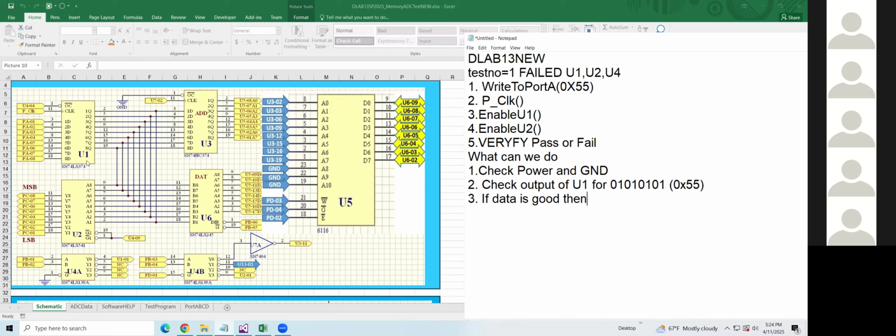then what to do? Go to U2 input. What next step do you have to do? U2, I see, U2 input. Check. Okay, good. Take U2 input, right? Yes.